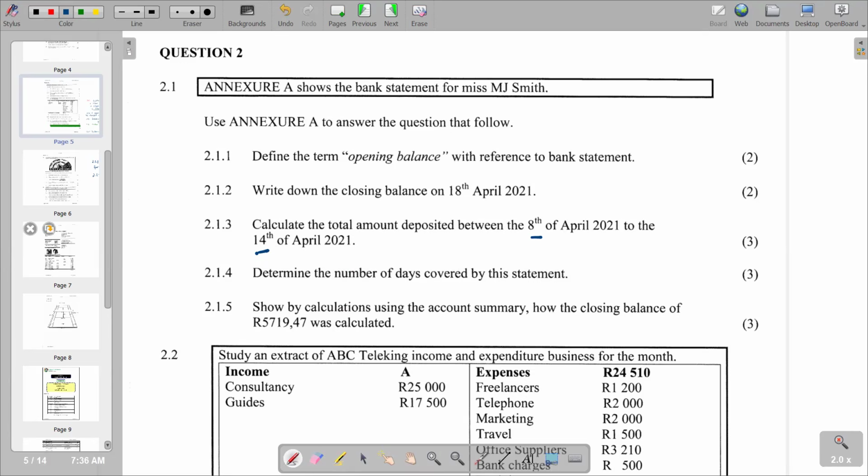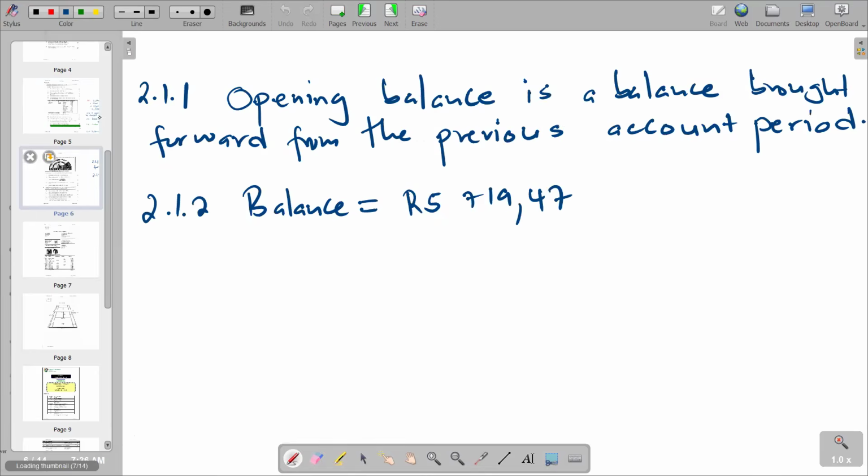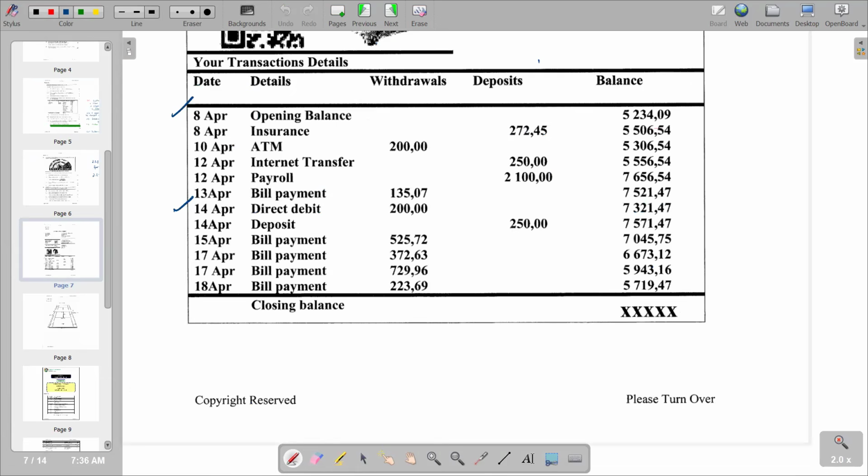We refer to our bank statement, where we have 8 April and 14 April. Between these, we are looking for the total deposits, which are in this column. Just add this figure plus this figure plus this figure, and then we get to 40.